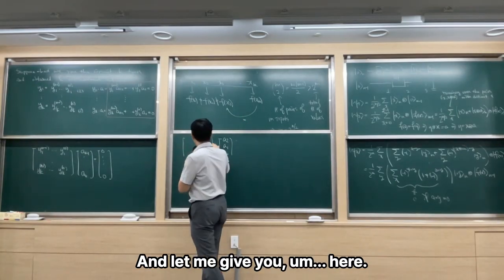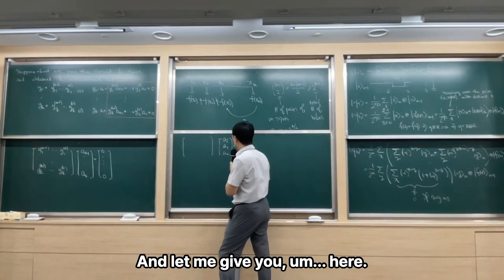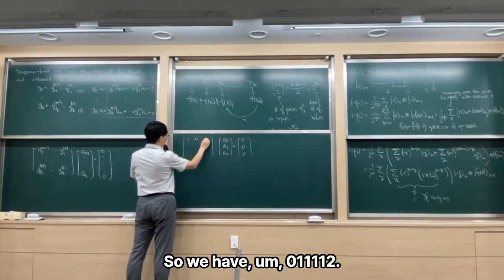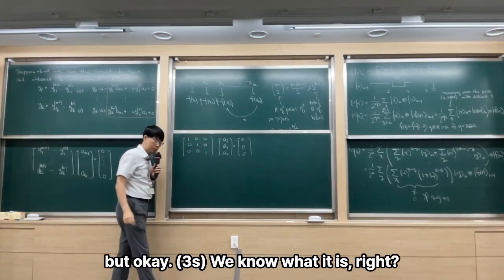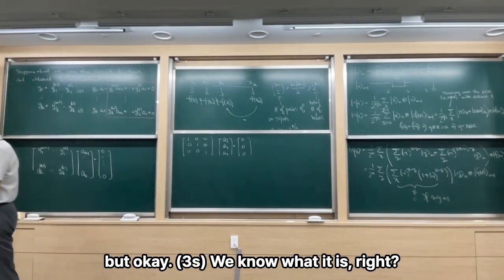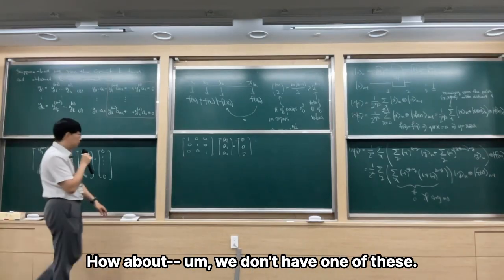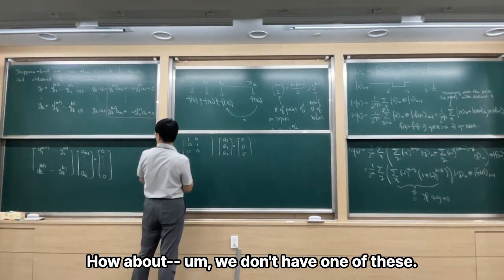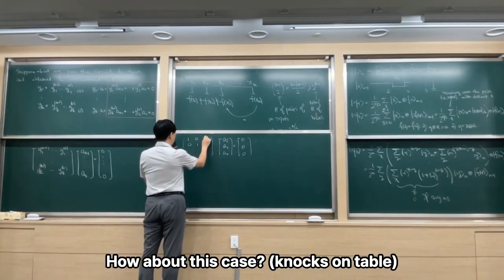And let me give you the rows 0, 1, 1 and 1, 1, 0. That's the simplest case here. We know what it is, right? How about the case where we don't have one of these?